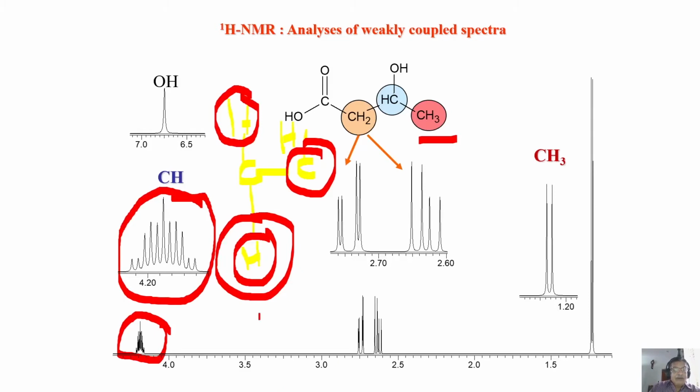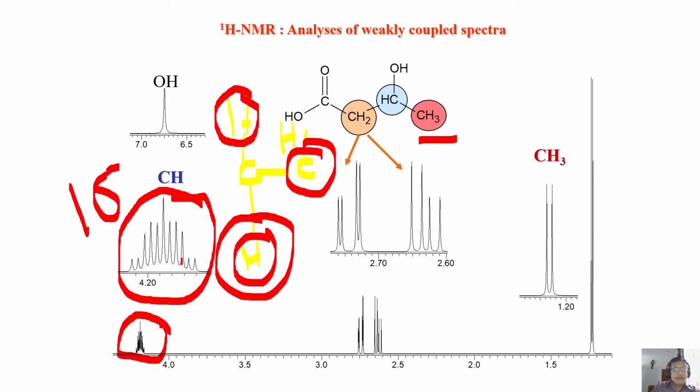Now we counted, we have got 3 plus 5, 10 plus 10, 12 peaks we are expecting. Are we getting really 12 peaks or more? In fact, we should get 16 peaks here. How? Because this is a quartet, and each line of the quartet will be a doublet because of 1 coupling, so it will be an 8-line pattern, and the 8 lines will be further split into doublets because of the other proton.